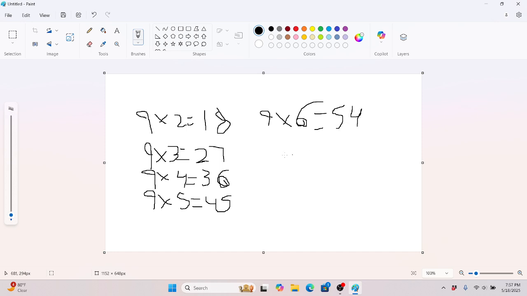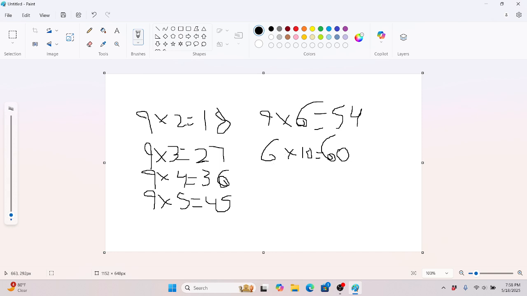Or another way to do nines is each number times 10. Each number times 10 is the number then a 0, like 20, 30, 40, 50. 6 times 10 is 60.